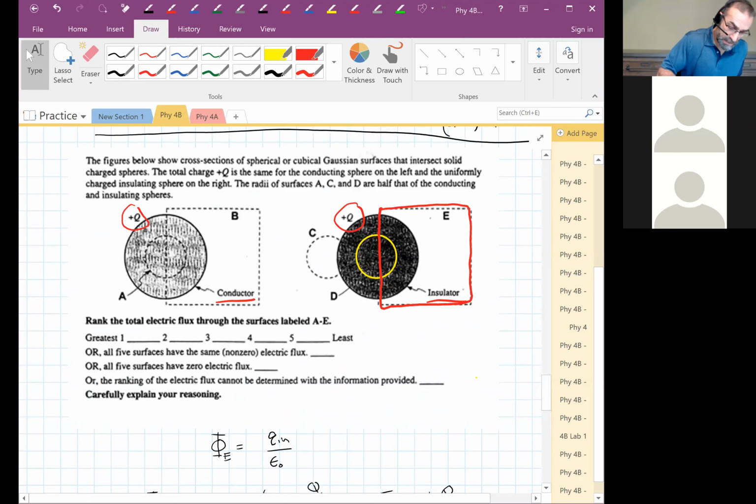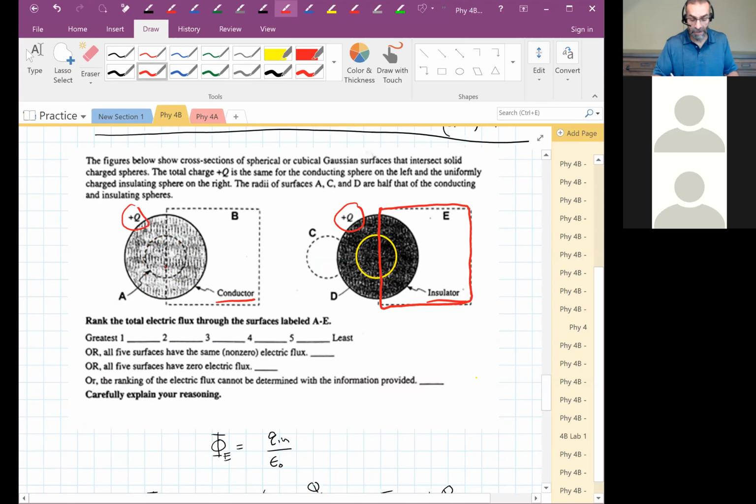A contains no charge, right? A is right here. And this is a conductive sphere, so all the charge goes to the outermost surface. All this plus charge, those are plus signs, has to be on the outermost surface, nothing inside. So A contains 0 charge.